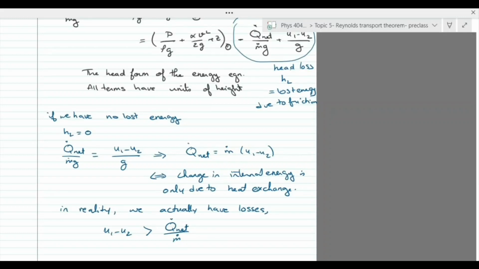And that makes sense because internal energy changes will arise from other contributions, not just from the heat input or output, especially when we have frictional forces. So here HL is going to be different from zero.